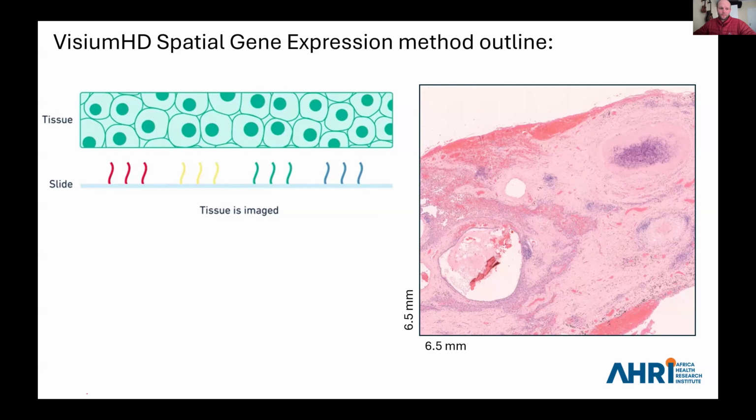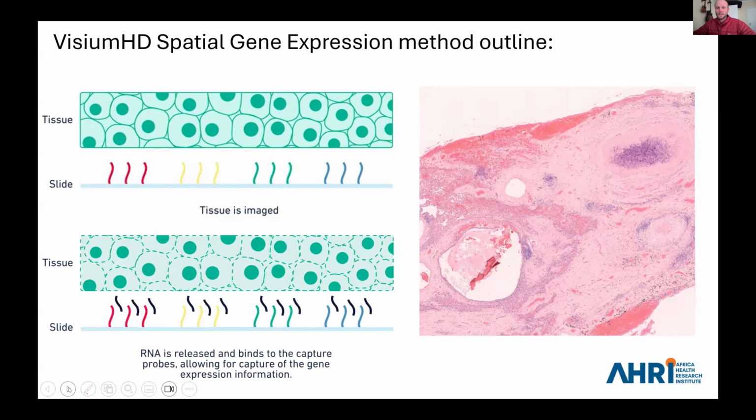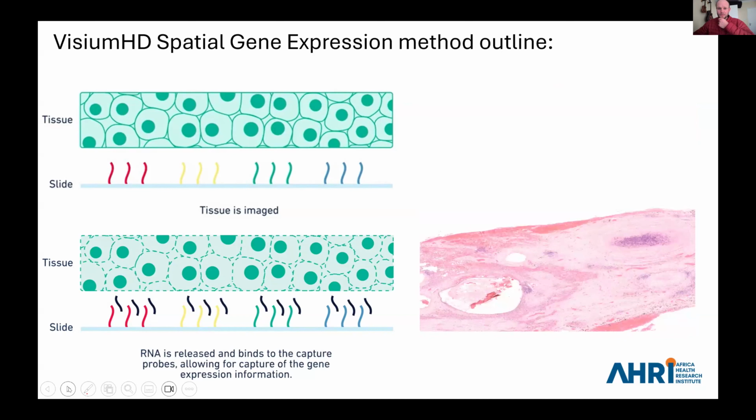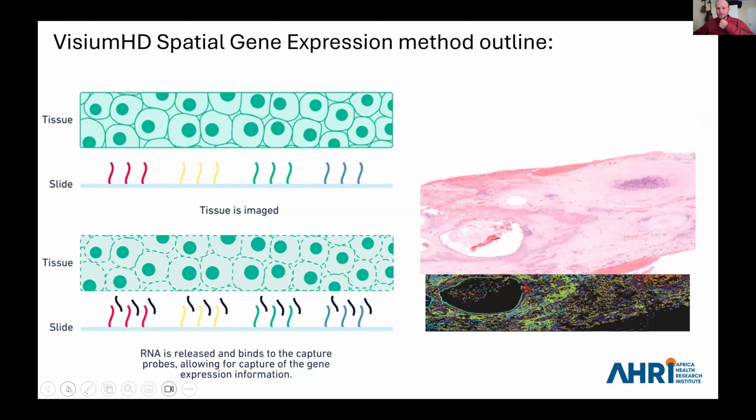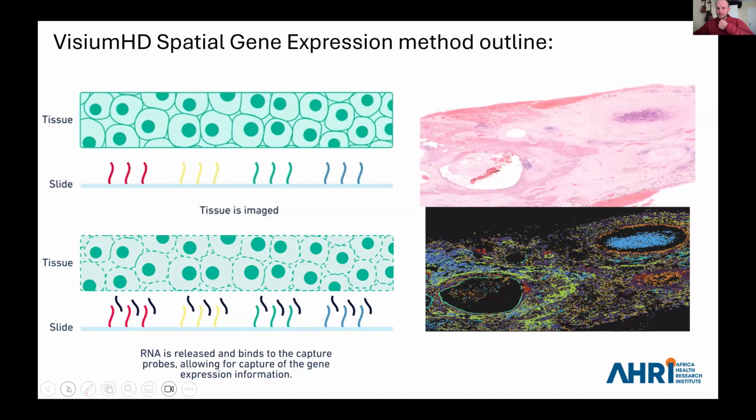But the beauty is that you look at the entire human transcriptome for Visium HD. What you then do is you permeabilize your tissue sample, and this is done on the CytAssist instrument, and that allows for release of your RNA onto the capture slide. So what you end up with is your H&E sample slide, and then you capture the RNA transcript information from that sample slide.